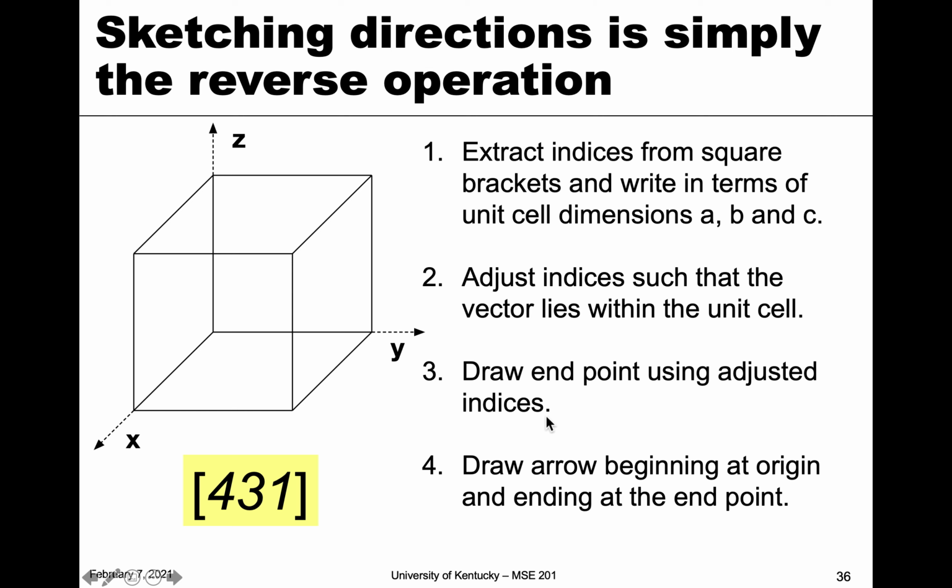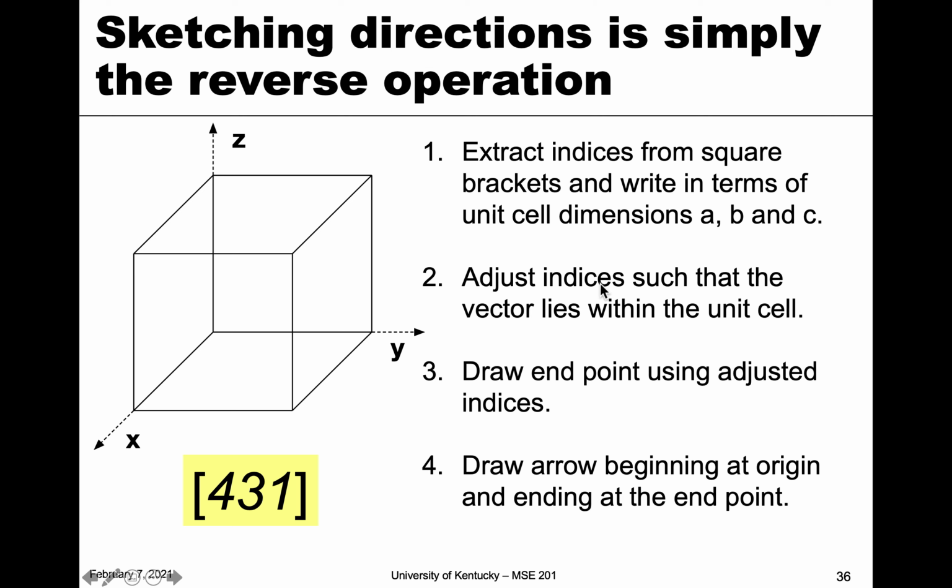So if we have a given set of indices here, [431], we know it's a direction because it's got square brackets. The order of operations here is going to be the opposite of what you saw. The first thing we're going to do is extract those indices and then write them in terms of the unit cell dimensions a, b, and c along the x, y, and z directions.